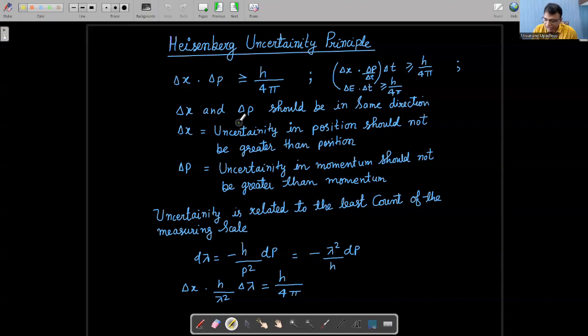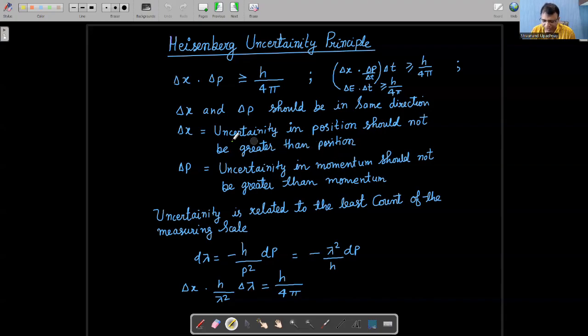So this point is very important. Delta X, uncertainty in position, should not be greater than position. The first thing is that we make errors in terms of least count. And the second thing is, suppose I want to measure a distance that is less than 1 millimeter and I have a scale whose least count is 1 millimeter, then I cannot measure a distance less than 1 millimeter.